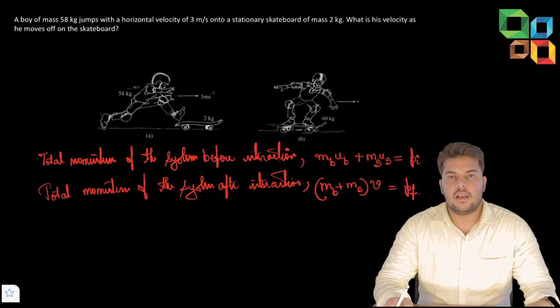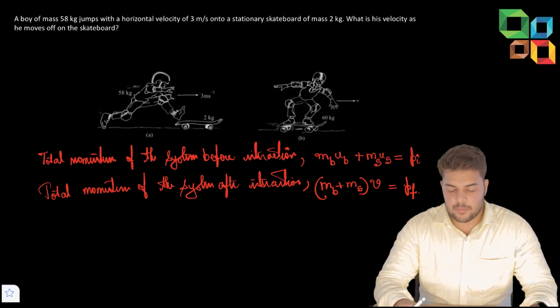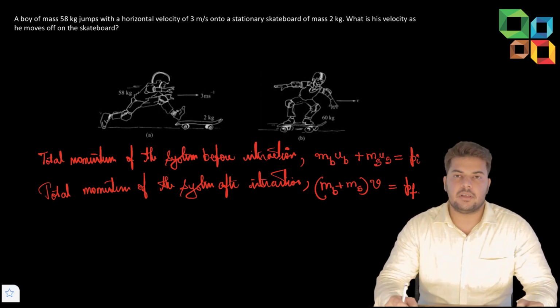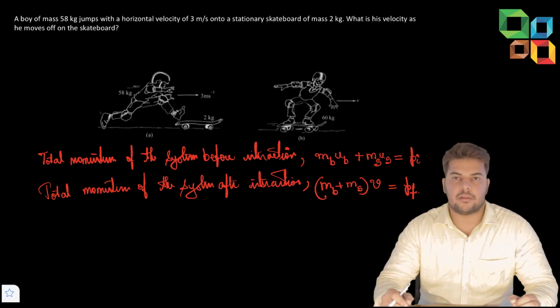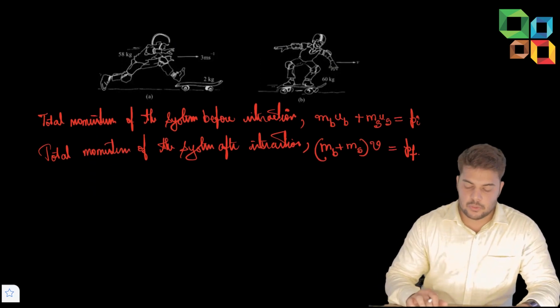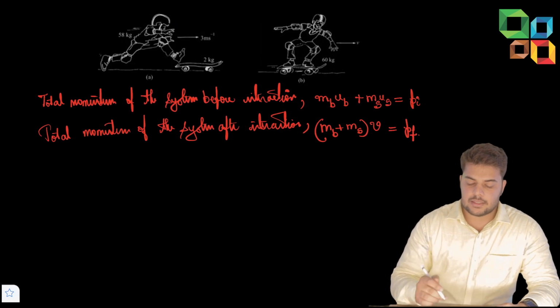So let's look at what just happened over here. The boy interacted with the skateboard, and the boy and the skateboard are moving together. So what is the final speed of the boy and the skateboard? That's the question they've asked.